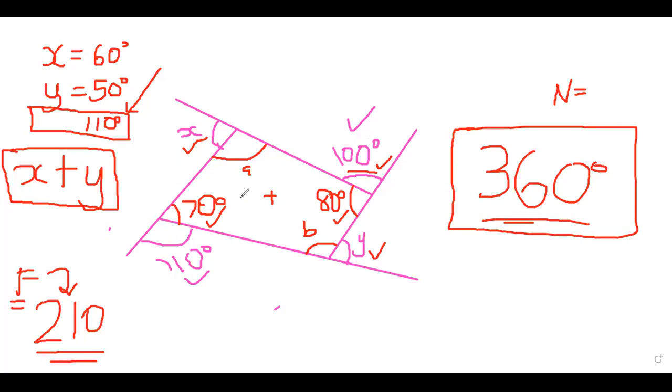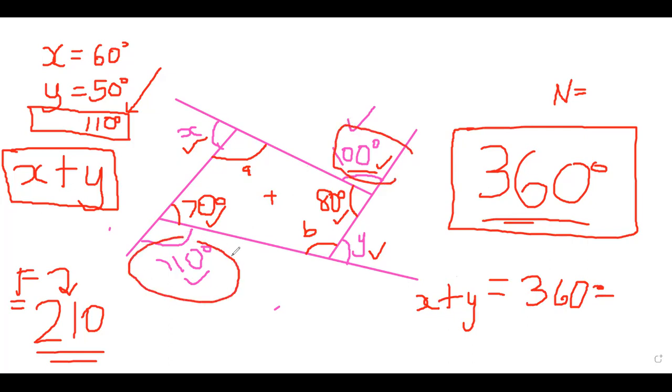So literally, to find x plus y, all we need to do is take 360 degrees minus this 110 and 100, because this angle plus this angle plus this is going to give you 360.